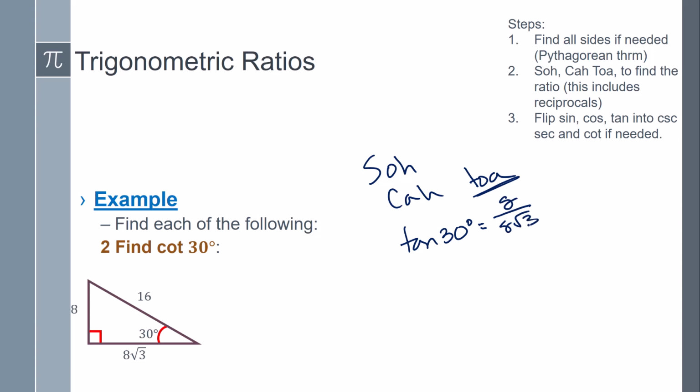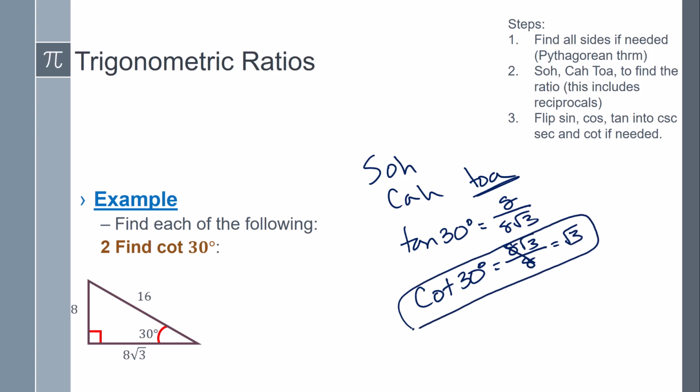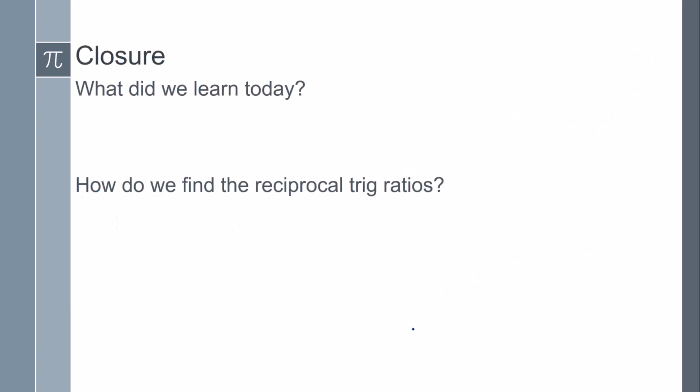Therefore, the cotangent of 30 degrees, you flip it: 8 root 3 over 8. Those 8s will cancel out, and so you're left with root 3. That's going to be our answer.